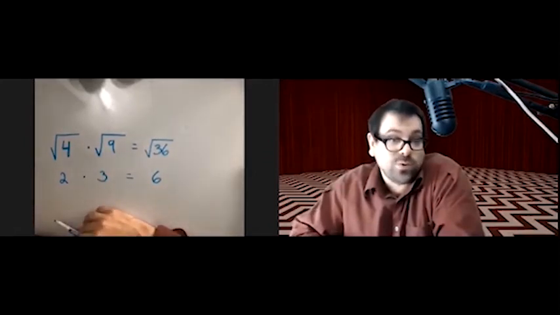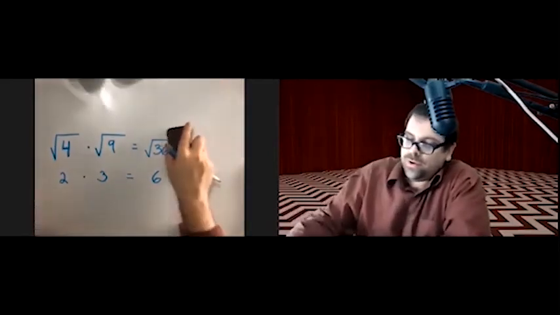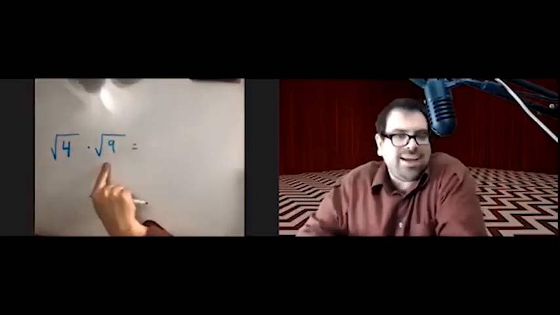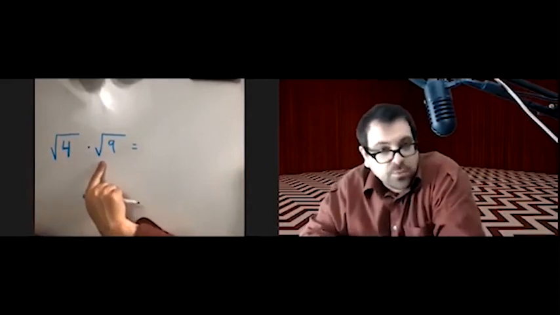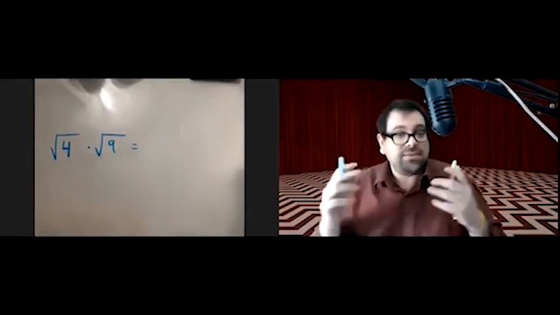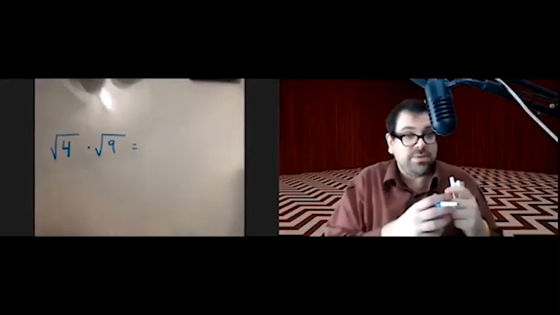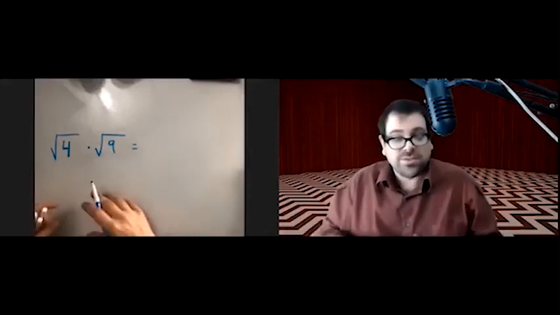So we got this rule. When we're multiplying like radicals together, so a square root times a square root or a cube root times a cube root, they have to be the same. They have to be like radicals, just like terms have to be like terms to be combined.